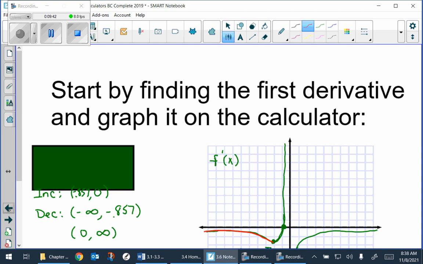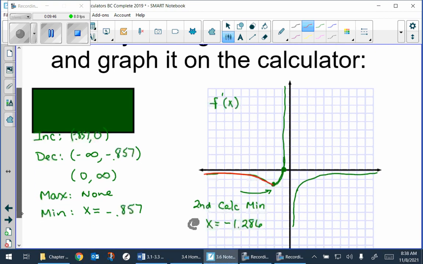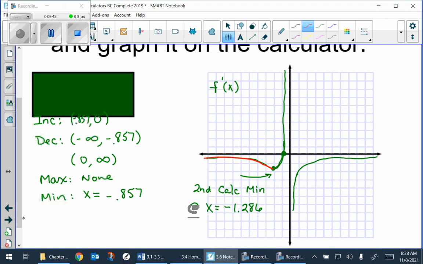Now, how can I just look at this graph, and Pranav mentioned this earlier, and tell where there is a point of inflection?